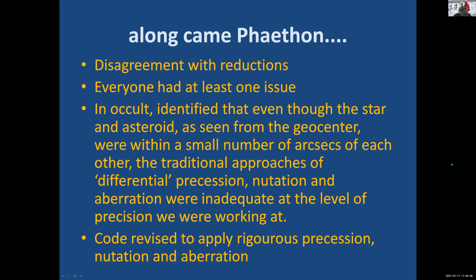In Occult, one of the things I did to try to simplify the calculations was, rather than compute precession, nutation, aberration separately for the star and the asteroid, I figured that because they're so close in the sky together, only a couple of seconds of arc apart as seen from the Earth, I could use a traditional assumption and calculate differential precession. And there's a formula for doing that.